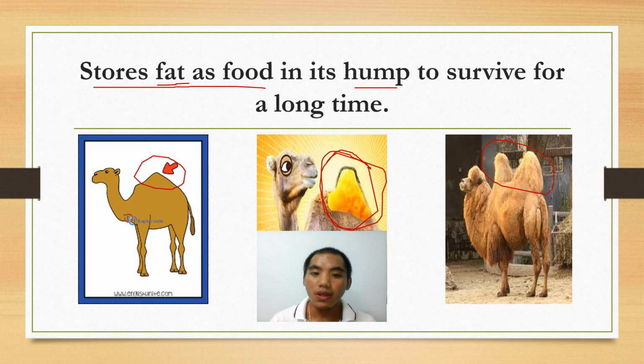Again, a camel got a hump at their back wherein this hump is used to store food. It is a storage of food. That's why they can survive in a desert for a long period of time without eating or drinking. So camel is one of the animals that can live in the desert.